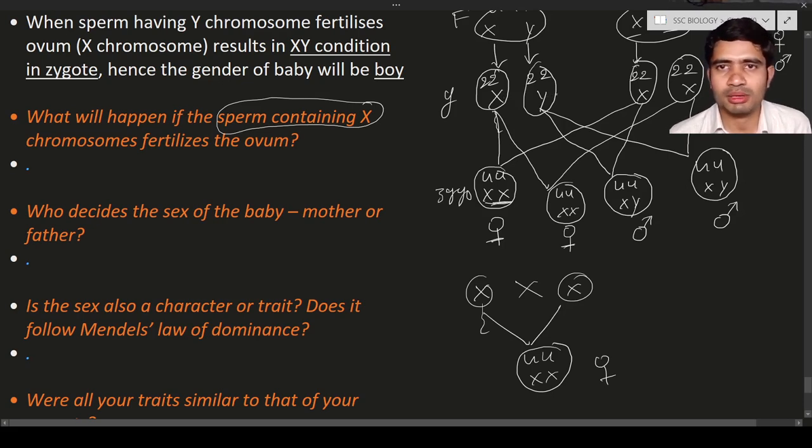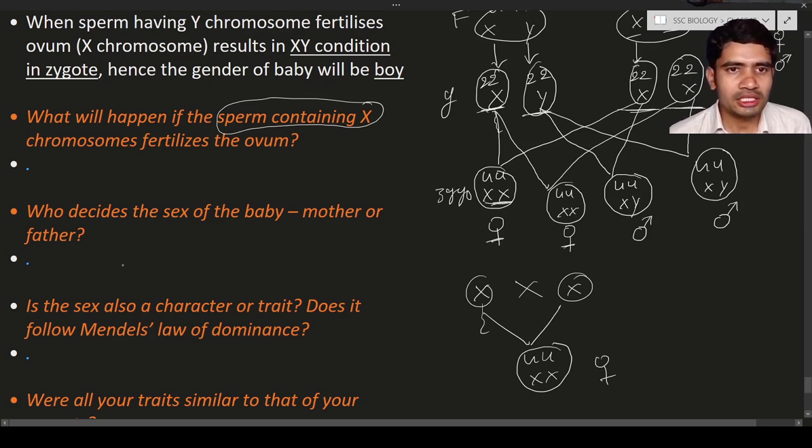Depending upon whether the X chromosome or Y chromosome containing spermatozoa fuses, the gender is decided. It is not decided by the mother, because the mother produces only one type of gamete, X chromosome containing ova. So there is no role of the mother in deciding the gender of the baby.